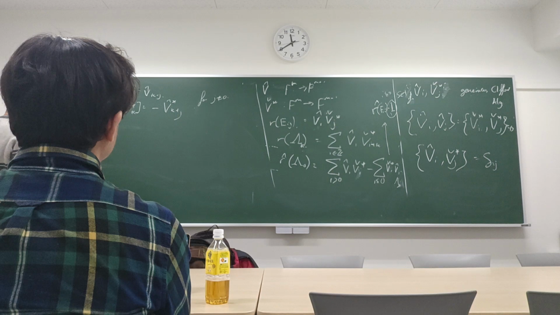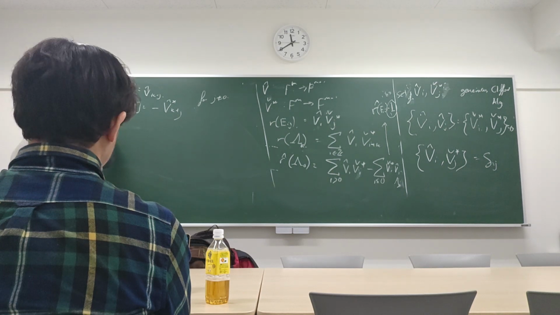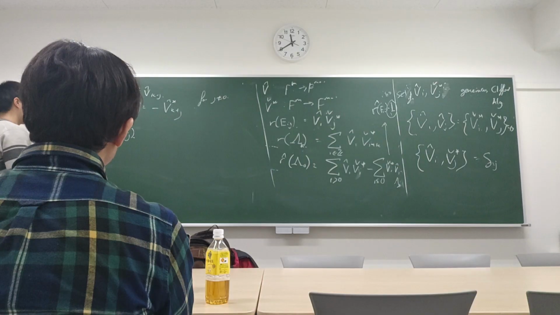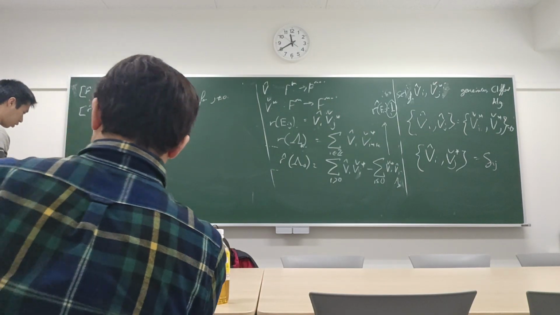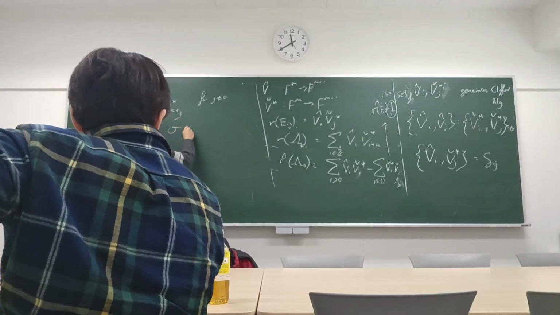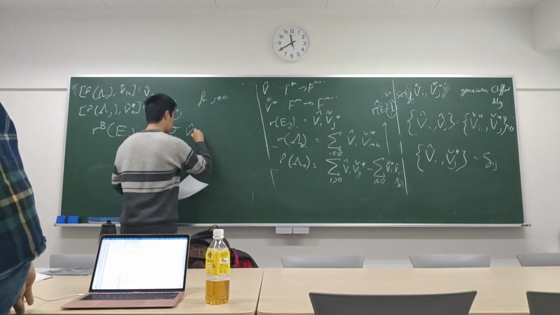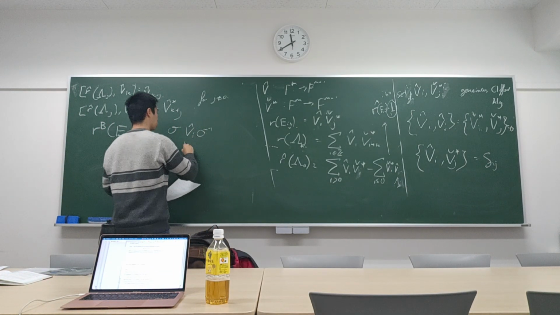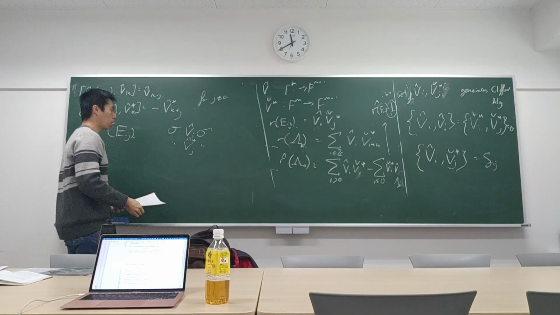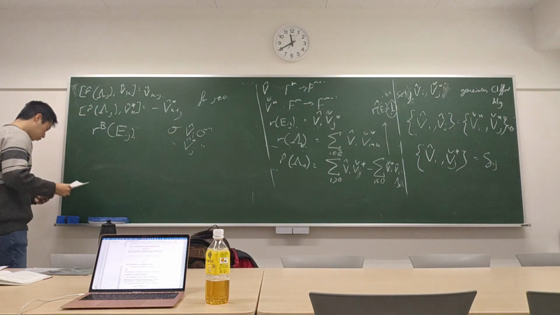And what we actually want is a representation of E_ij on the wedge space, and this requires transporting our v_i and v star's.